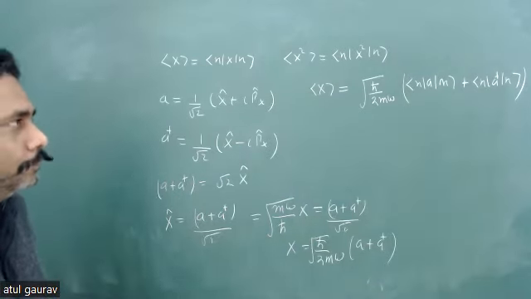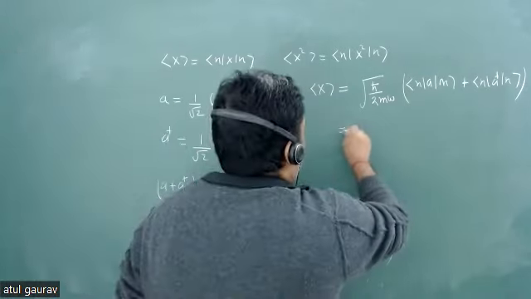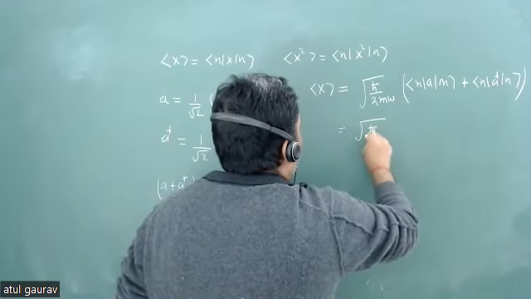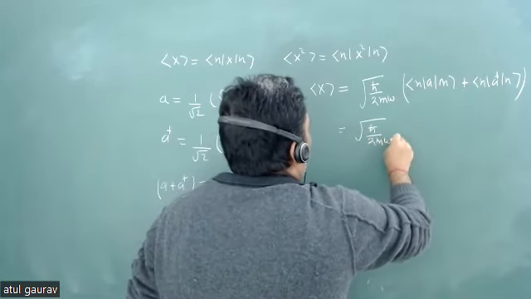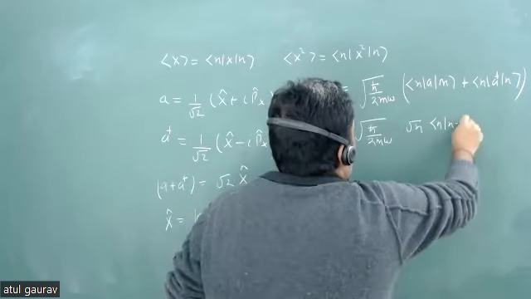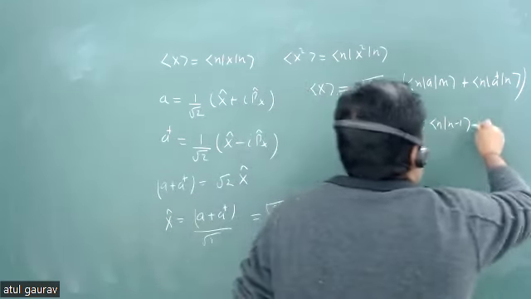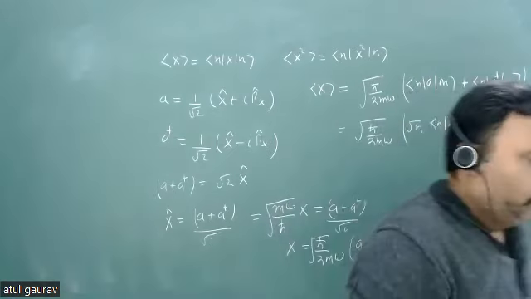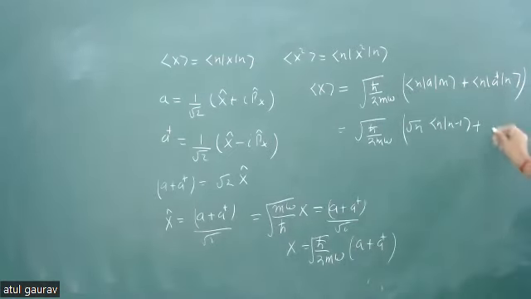Under root n, n minus 1. Okay. So you will get h cut upon 2m omega, and you will get root n, n minus 1. What will happen to this one? n plus 1, under root n plus 1, n plus 1. Under root n plus 1, and you have n plus 1.